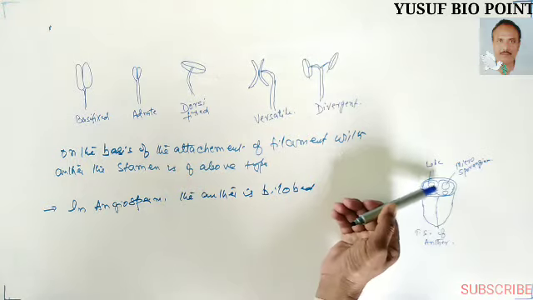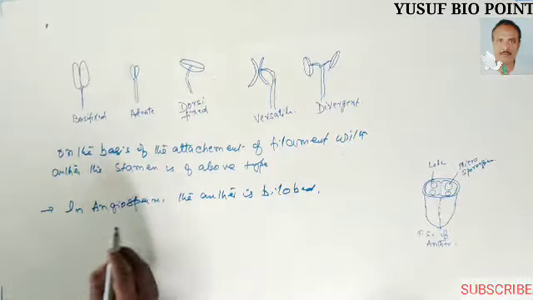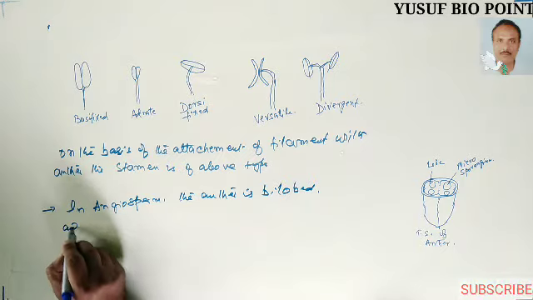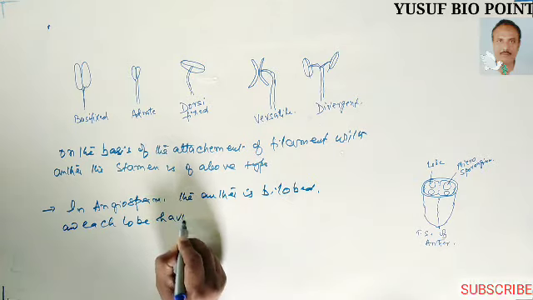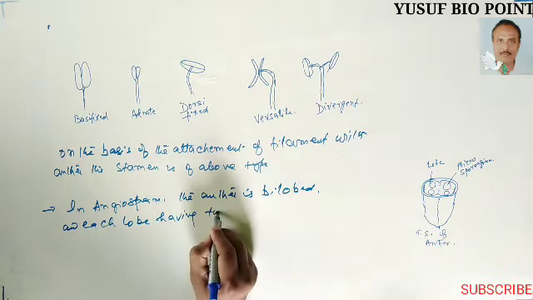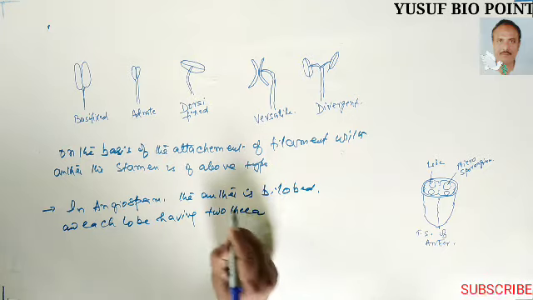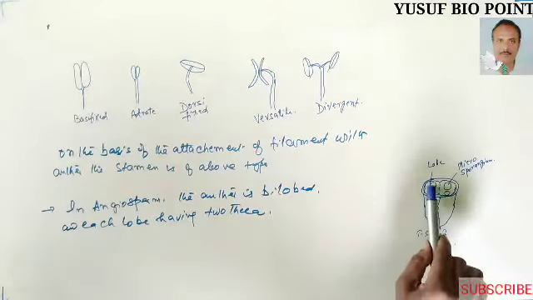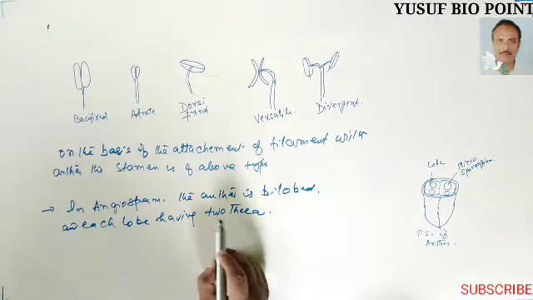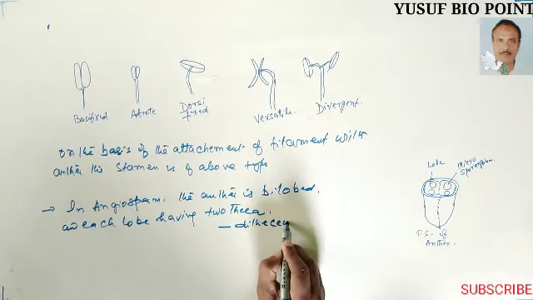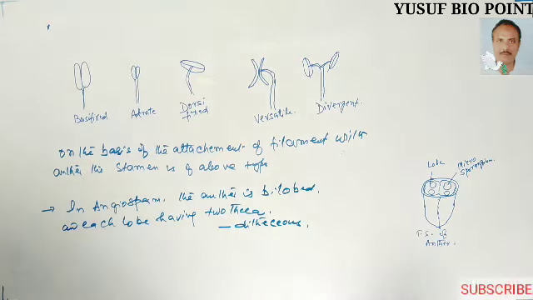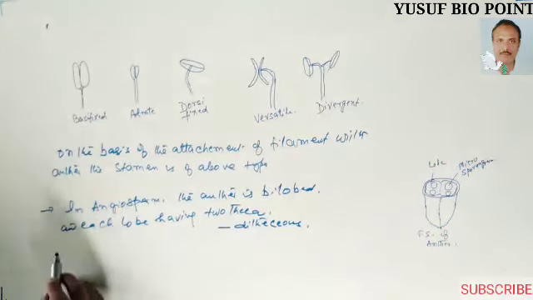The anther is bilobed, and each lobe has two theca, means each lobe has two sac-like structures, that is known as two theca. So it is called dithecous. Why is it called dithecous? Because each lobe contains two theca, two round-like structures, that is known as theca.